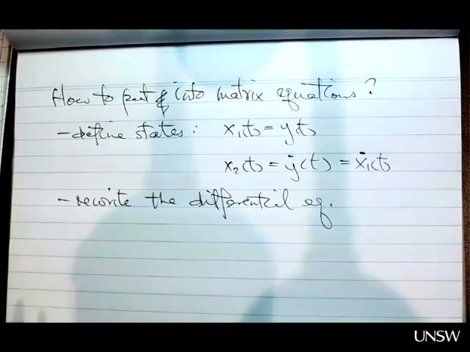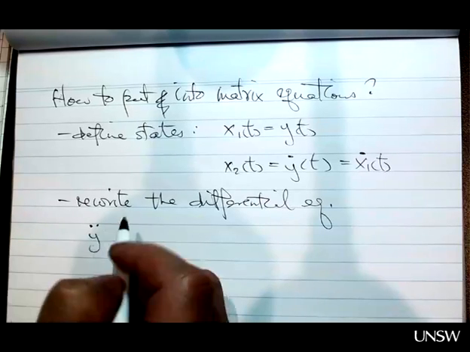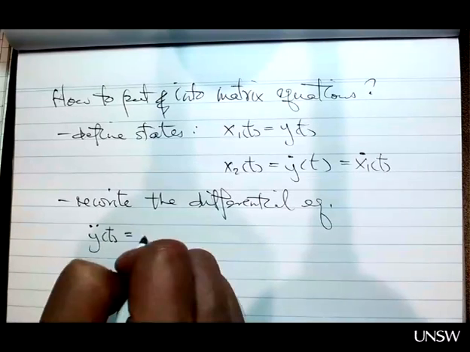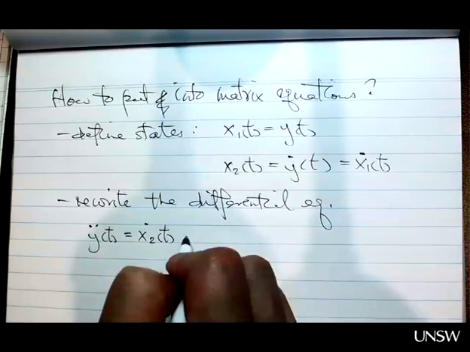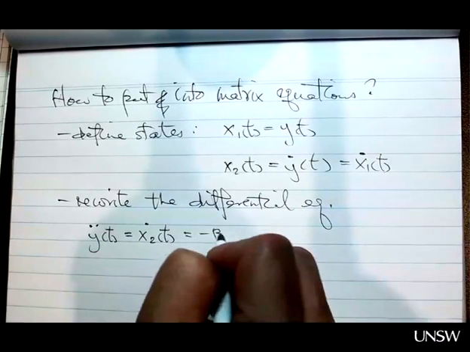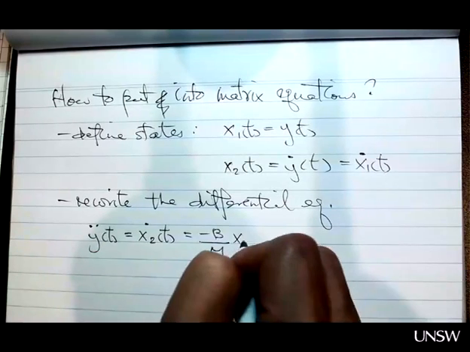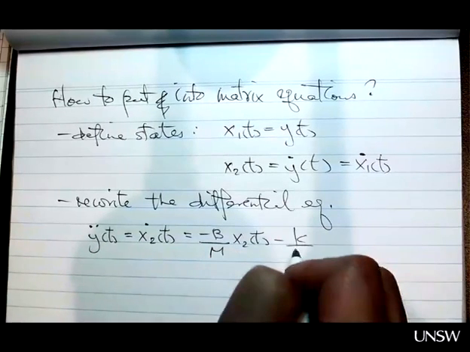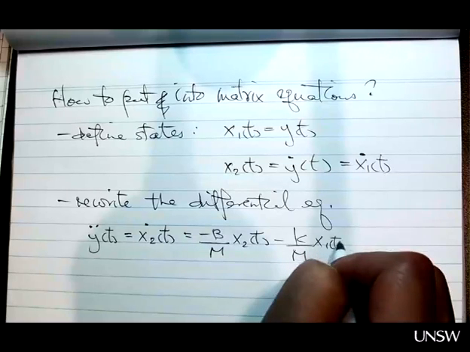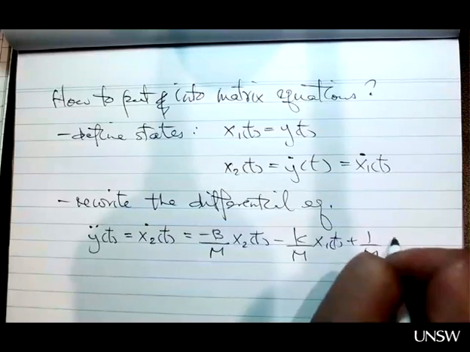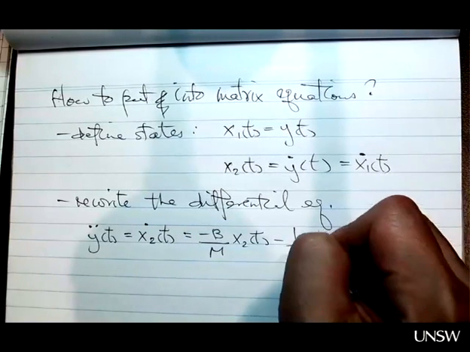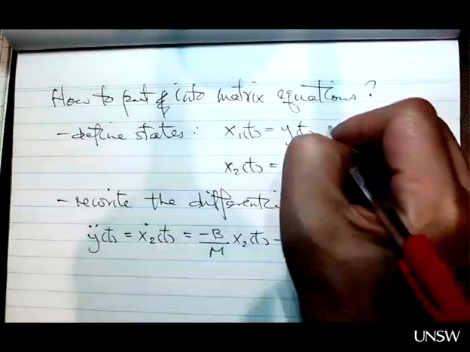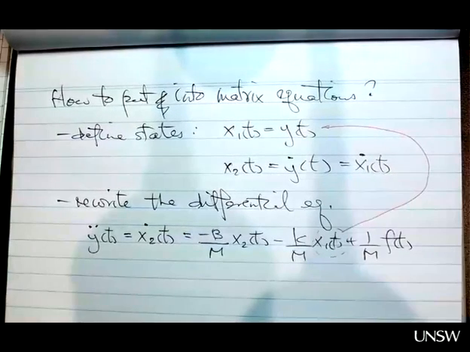Then we have y dot of t equals x2 of t, and x2 dot of t is equal to minus b divided by m times x2 of t, minus k over m times x1 of t, plus 1 over m times f of t. It is a redefinition of the variables. Here, x1 is in fact y.